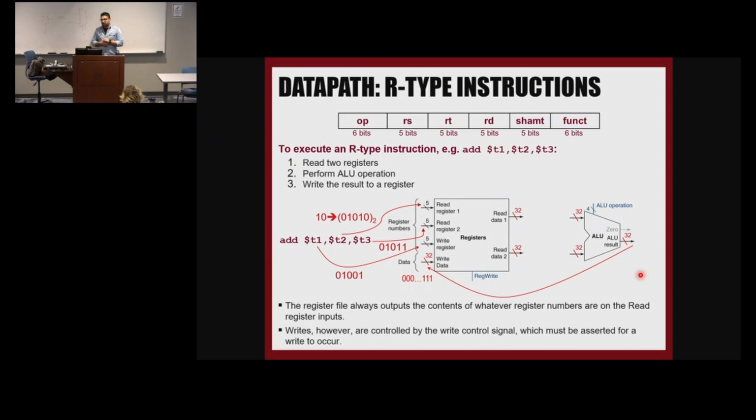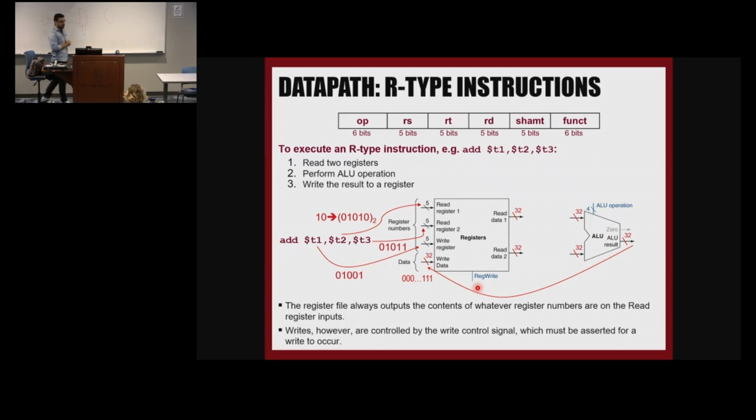So you have to set that signal every time that you want to write something back to the register, because it doesn't always happen. Sometimes we use the ALU, but we don't want to write something back to the register file. So we don't activate the write back signal. That's why we have this register write signal here. Register write is set to 1 if we want to write something back to the register file.